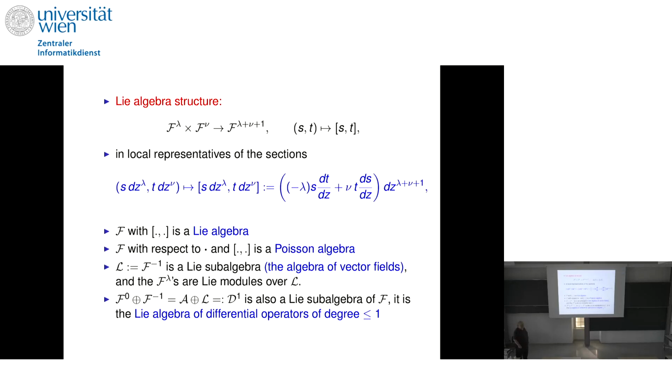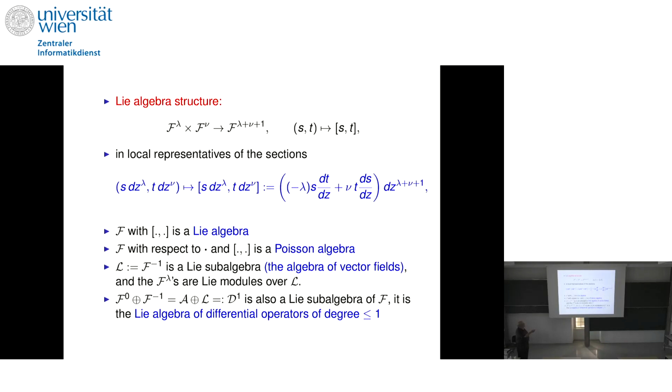The next structure is a bit more interesting. So this is the Lie algebra structure. Here we have weight lambda, weight nu, and then it goes to weight lambda plus nu plus 1, okay? And in local representing functions of weights, it can be expressed like this.